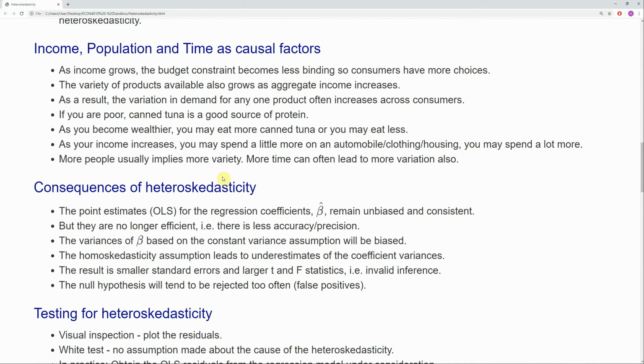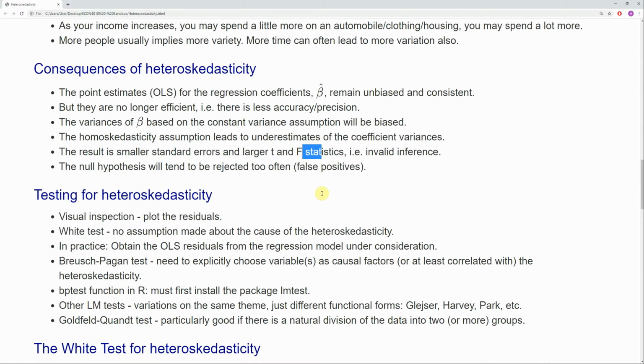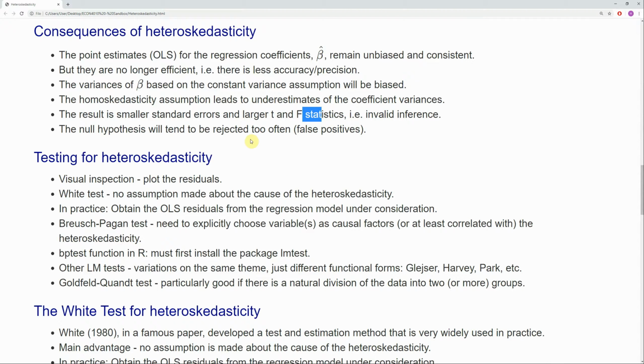That means the results of our t statistics and f statistics are going to be invalid, so we cannot have valid inferences from them either. Basically the model that we are describing could be completely wrong because standard errors are very important in defining whether you have significance or not.